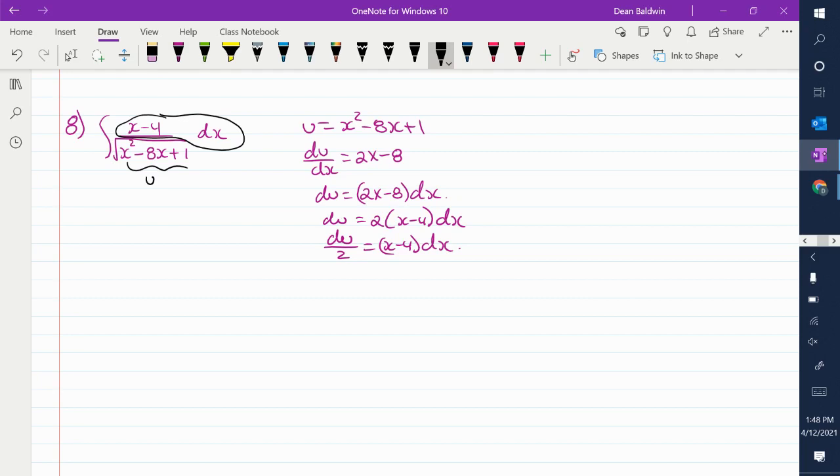So now this bit up top is du over 2. So now the integral becomes the integral of 1 over u to the power of a half times du over 2. Yeah, I did it quick. Sorry.